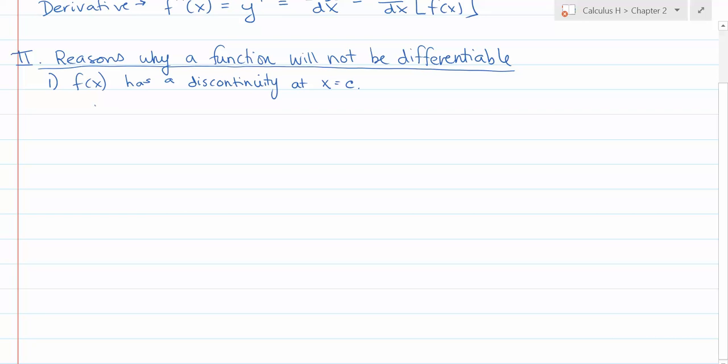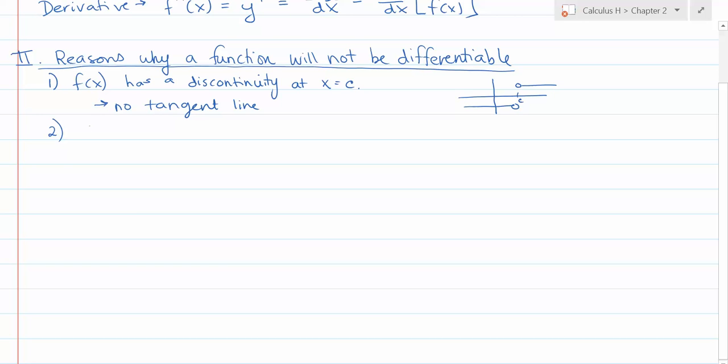Okay, so you're not going to be able to draw any tangent line. So no tangent line. And remember, discontinuities could be like a jump, a hole in the graph, vertical tangent. Okay, so there is our discontinuity.